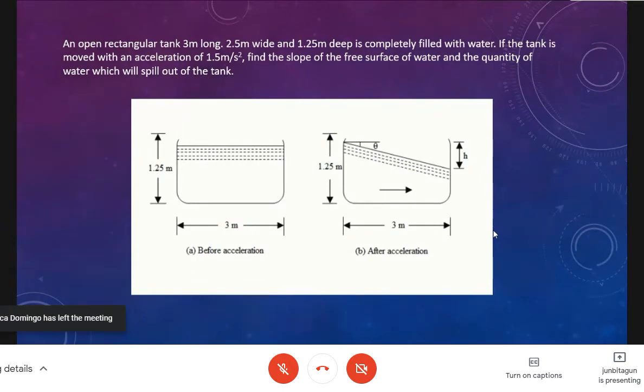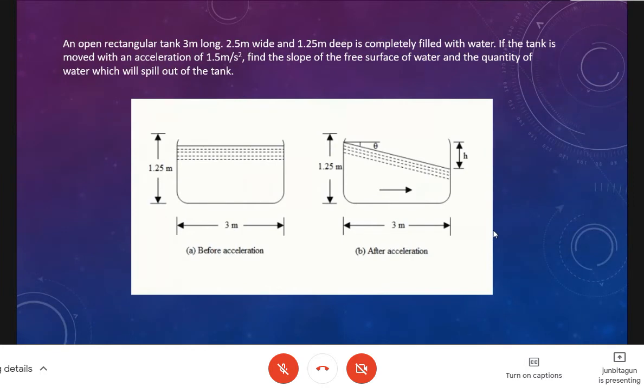Okay, so if the tank is moved with an acceleration of 1.5 meters per second squared, find the slope of the free surface of water and the quantity of water which will spill out of the tank.